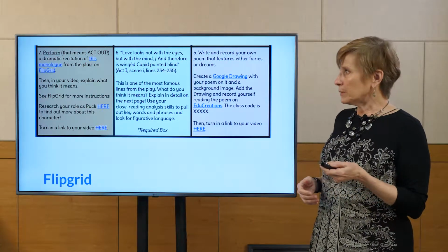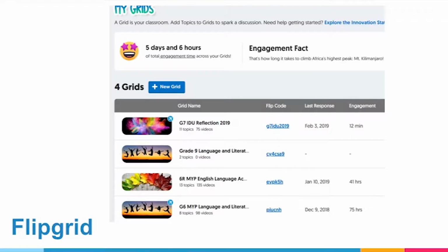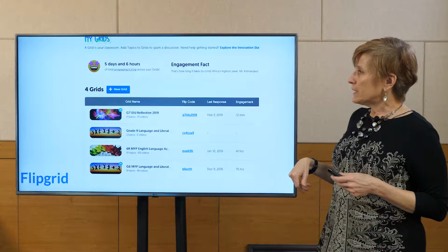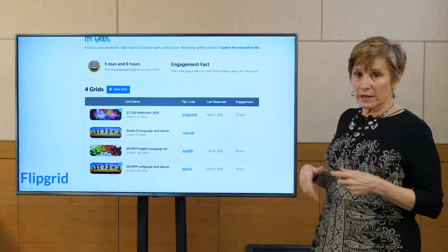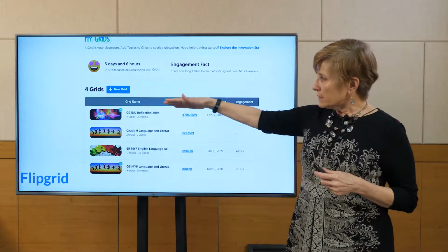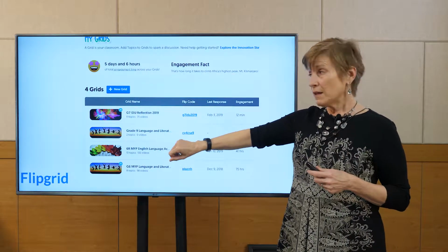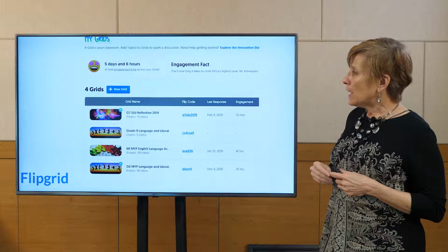So, what is Flipgrid? This is what Flipgrid looks like. Again, as an educator, you go there, you set up an account, you set up classrooms. Here you can see right now I have 4 different classrooms that I use Flipgrid on.